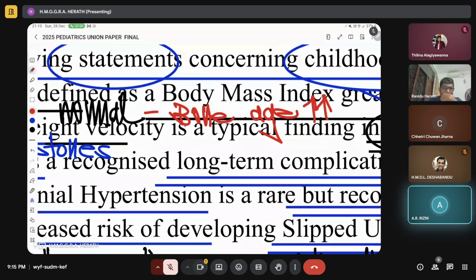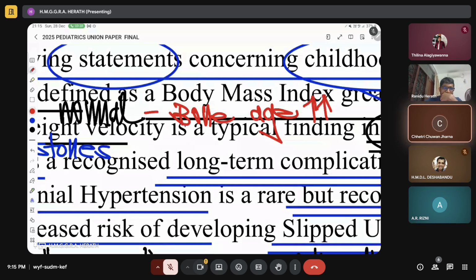I have sent the picture to the group regarding social, economic, and academic; that is missed. Sorry, I didn't get that. In the list, they have mentioned medical, social, emotional, and academic consequences. So, yes, the one which Rizmi sent.